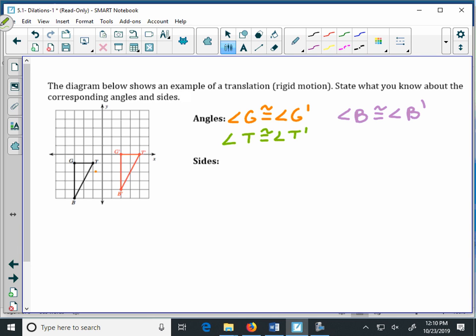We also know that their corresponding sides are the same. So I know that side GB is congruent to its corresponding side G prime B prime. If we count, GB is 1, 2, 3, 4, and G prime B prime is 1, 2, 3, 4. They're the same. I also know that side GT is congruent to G prime T prime.